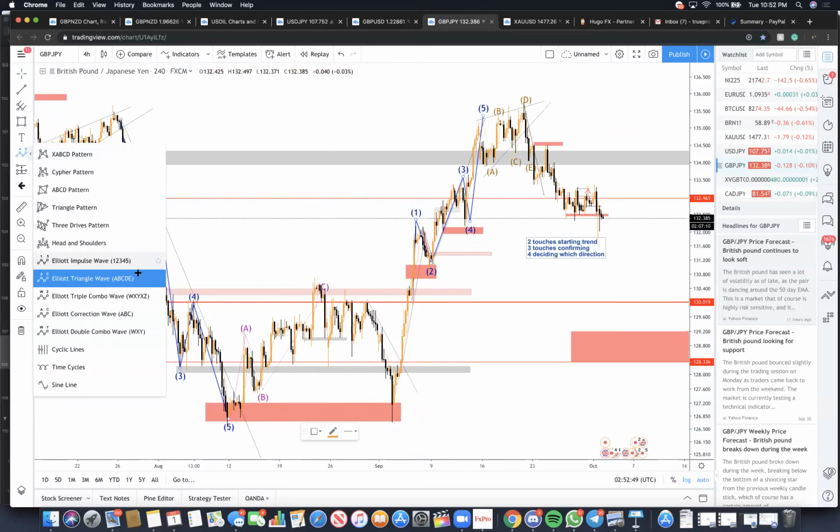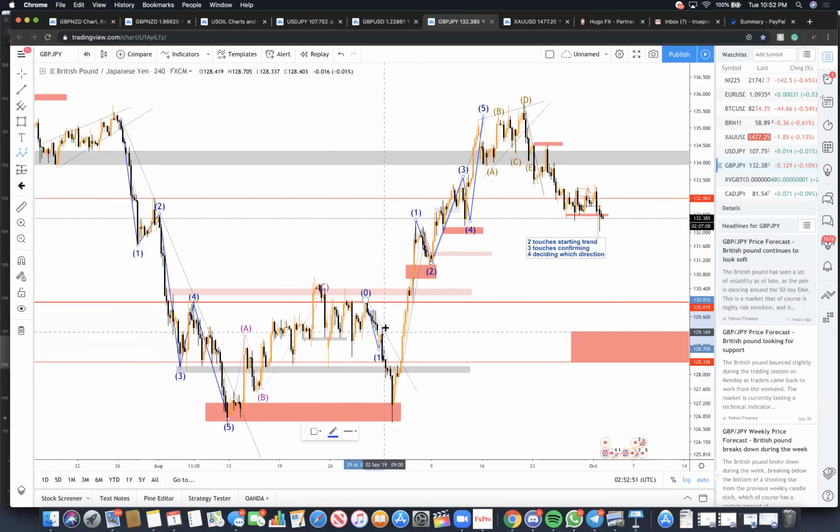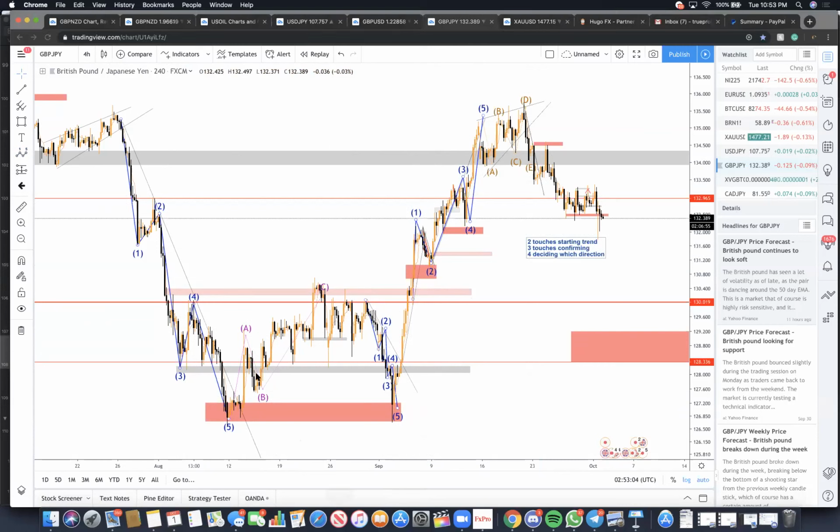Even in this move right here, we have 1, 2, 3, 4, 5. Once the market couldn't break the low of that previous trend, the market set itself up for the push to the upside. Let me know if I confused anybody or if everyone understands. Evelio?